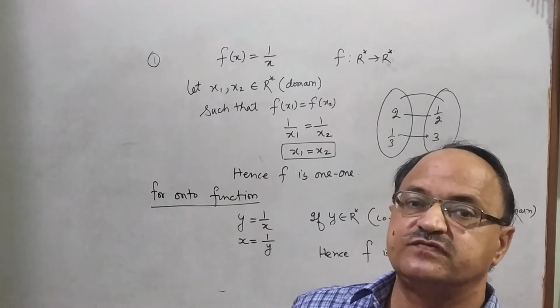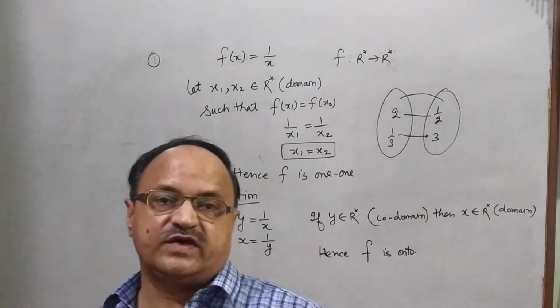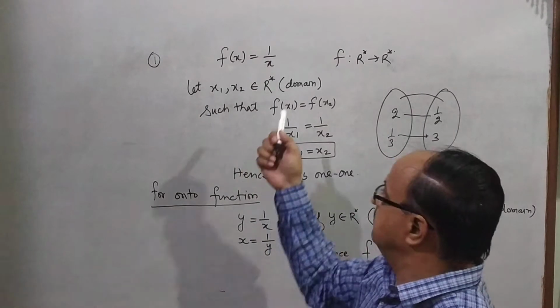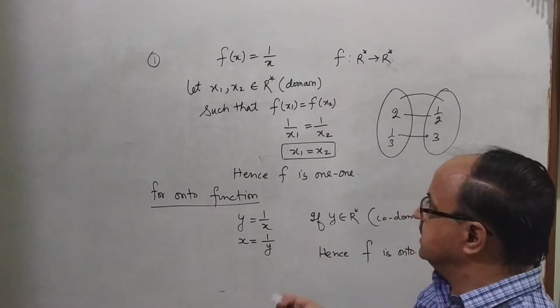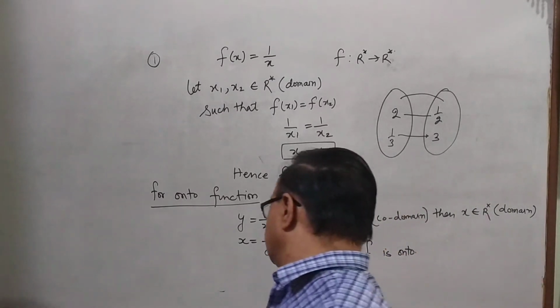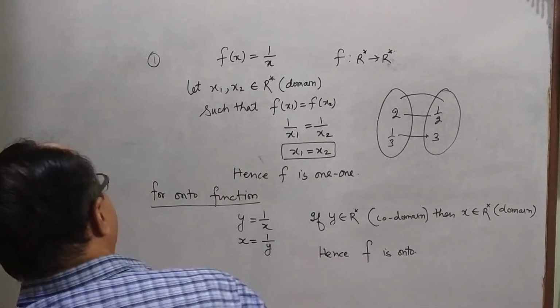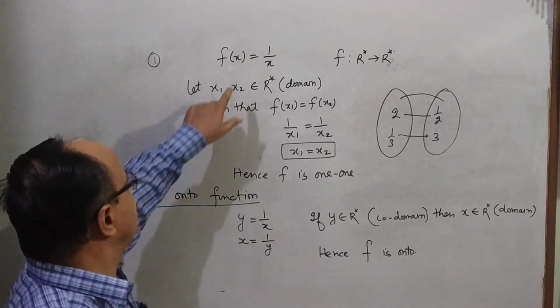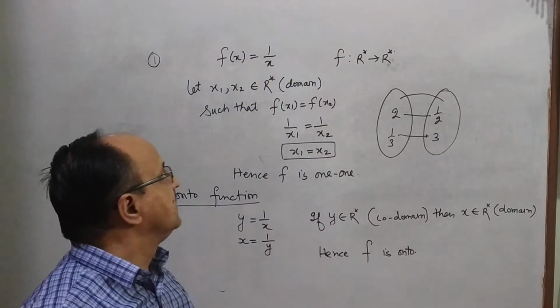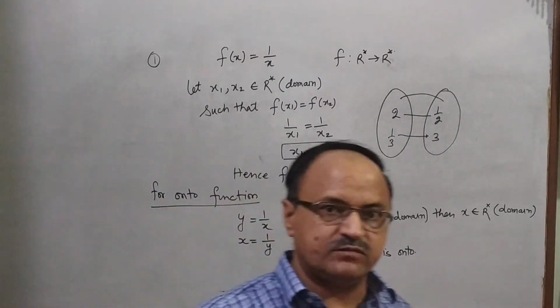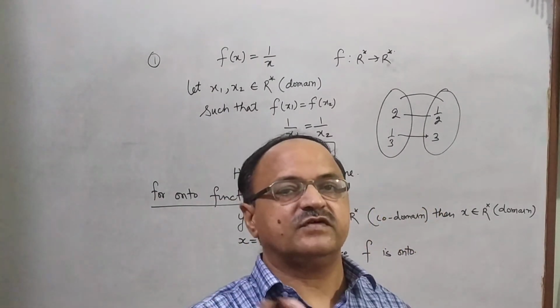And the preimage of 1 by 5: you can put 5 here, then it becomes 1 by 5. Clear? So the preimage of 1 by 5 is 5.